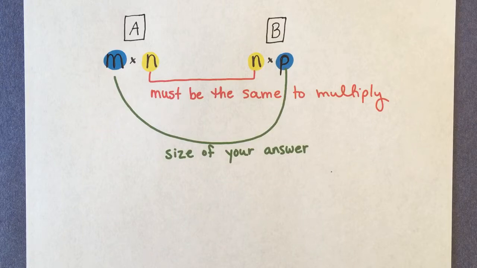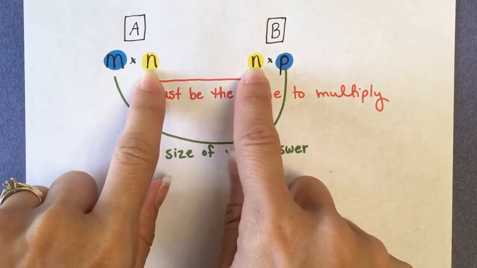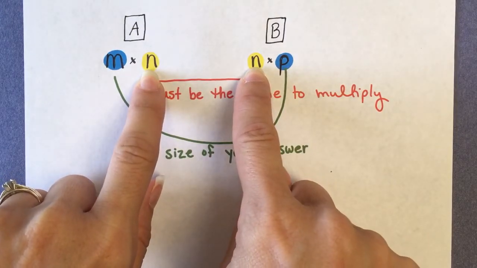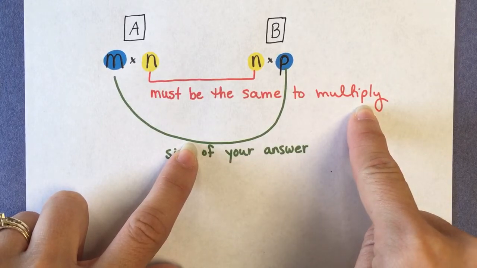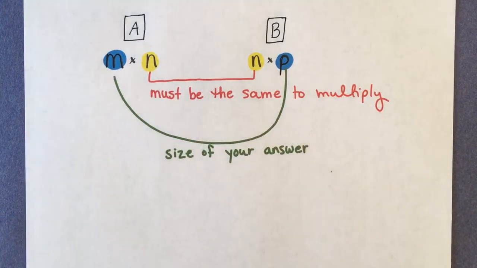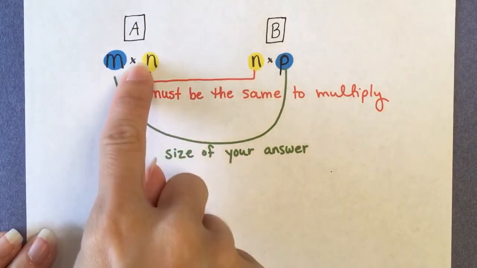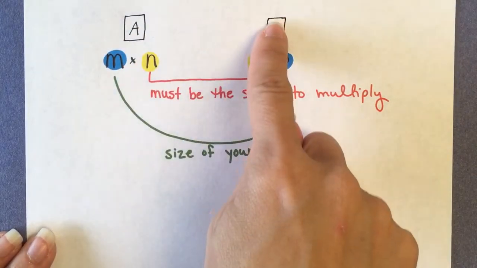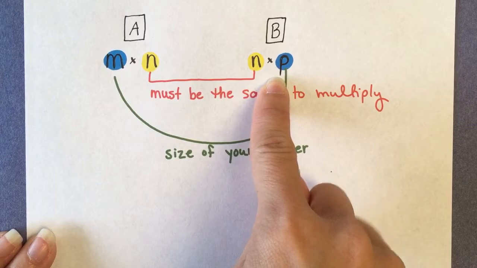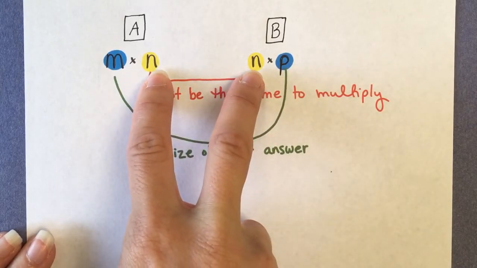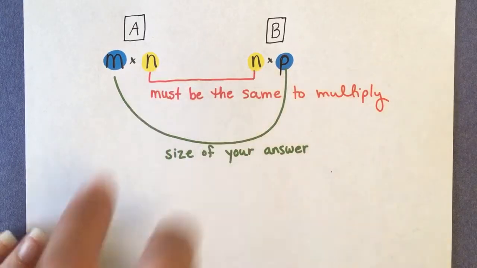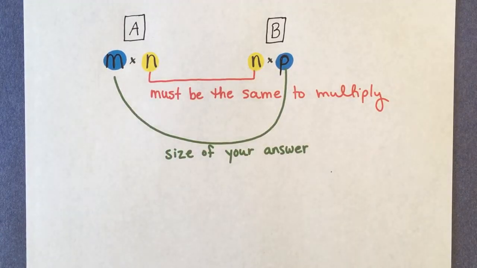So you're going to have to write down both dimensions, and it's going to be these two numbers here that have to be the same in order to be able to multiply, okay? The easiest way that I remember it, write down the dimensions of the first one first, write down the dimensions of the second one second, make sure you write it in the correct order, and it's the two numbers that are on the inside. Those are the two that have to be the same.